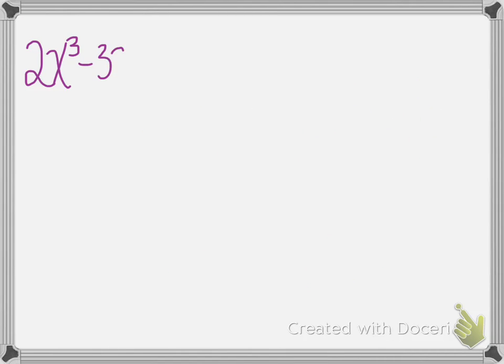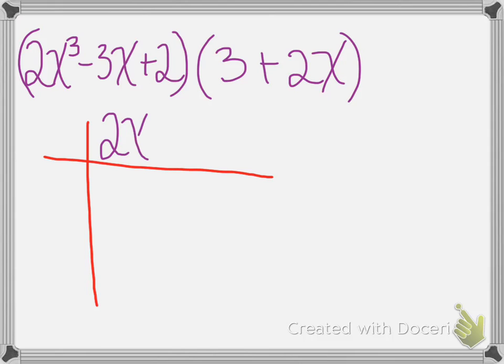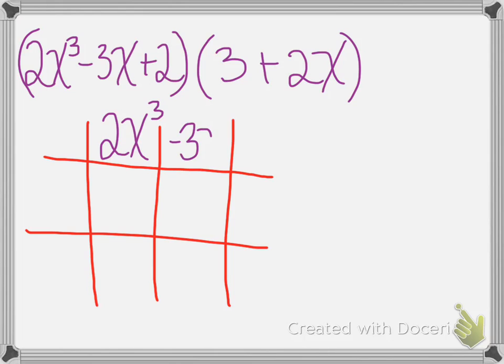So 2x cubed minus 3x plus 2 multiplied by 3 plus 2x. Go ahead and see if you can set up your chart. Your chart should look like this. 2x cubed minus 3x plus 2 along the top, and then along the side is 3 and 2x.